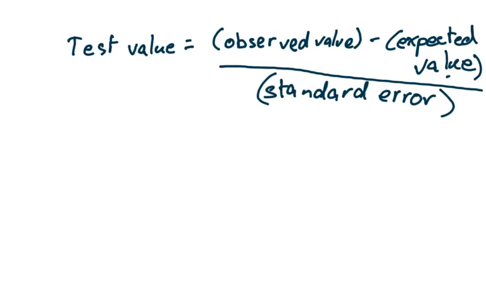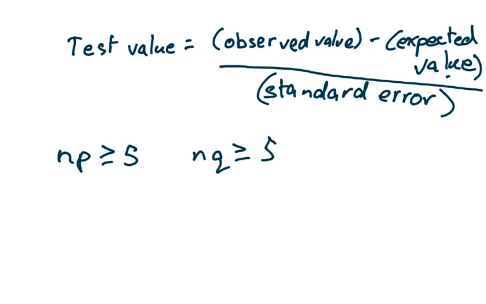There are some technicalities that need to be addressed. The sample needs to be a random sample. The conditions needed for a binomial experiment need to be satisfied. And then N times P has to be greater than or equal to 5, and N times Q has to be greater than or equal to 5.